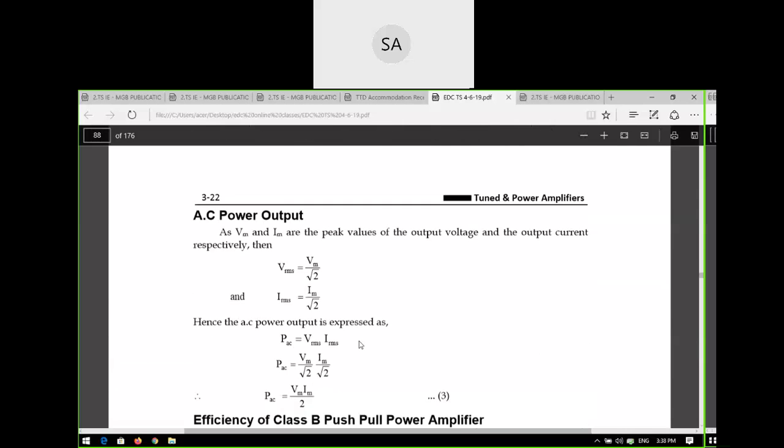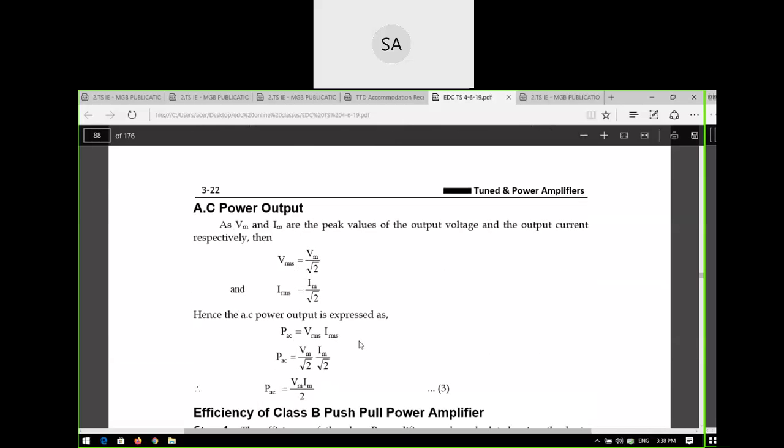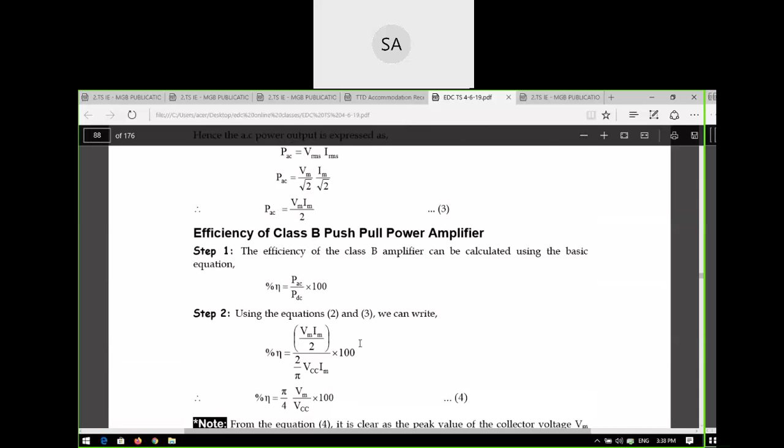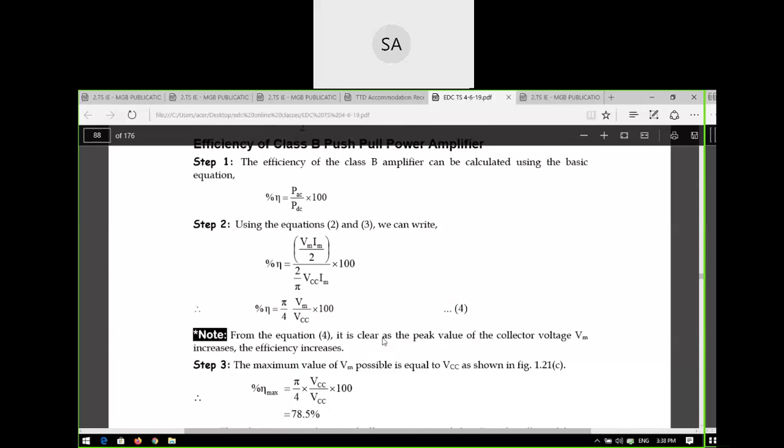AC power output is VRMS into IRMS. VRMS is VM by root 2, and IRMS is also IM by root 2. So PAC by PDC gives pi by 4 VM by VCC. The maximum efficiency occurs when VM equals VCC, so we get pi by 4, meaning 3.14 by 4, which is 0.785. Into 100 means 78.5%.